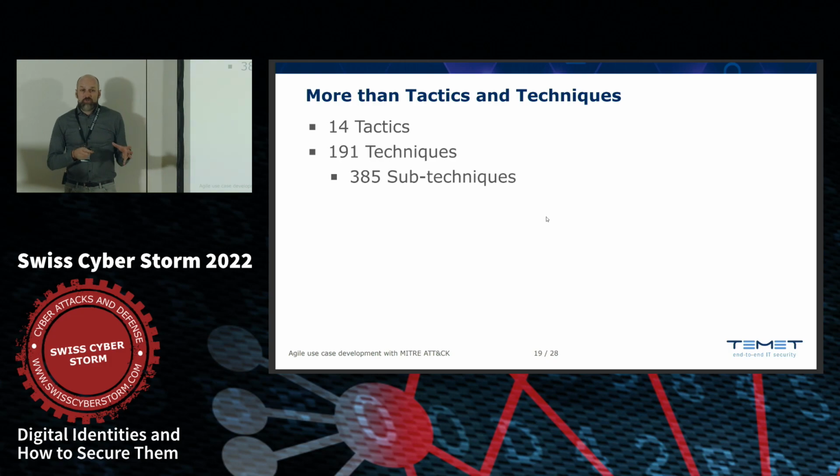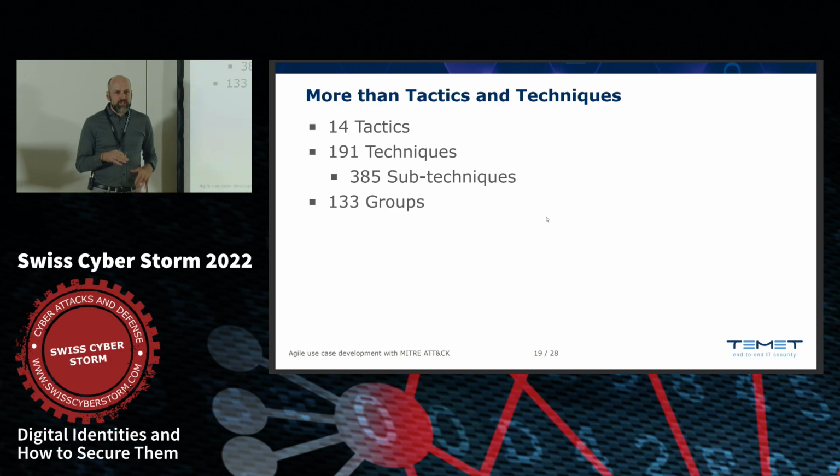But to those techniques, we have other information that can be handy in prioritizing our use cases. So we have, for example, 133 threat actor groups they have categorized, and they have linked to the techniques. So in the data of the MITRE framework, you find information about which group of those 133 uses which technique in their attacks. So this can be helpful as well.